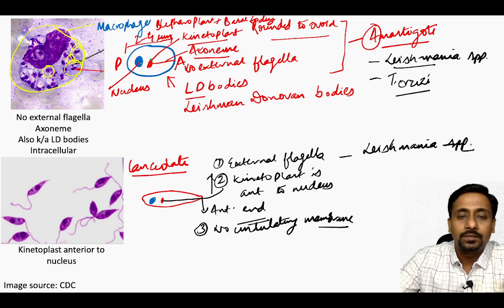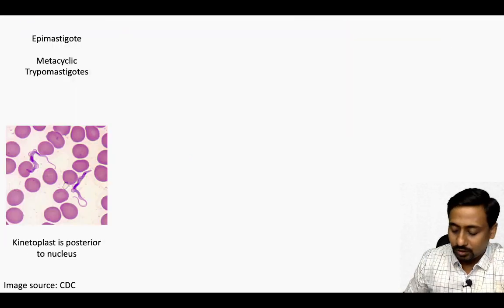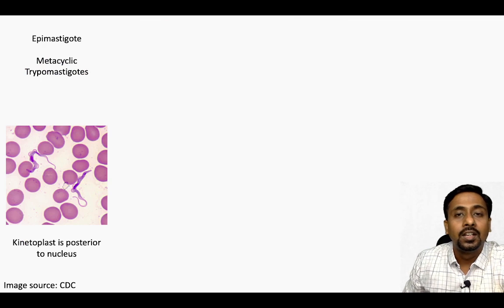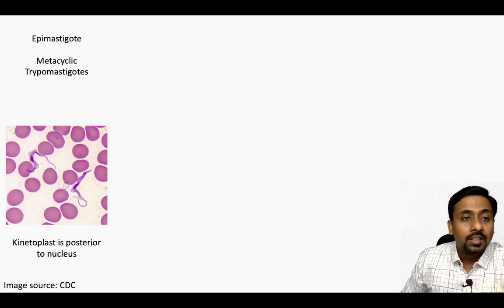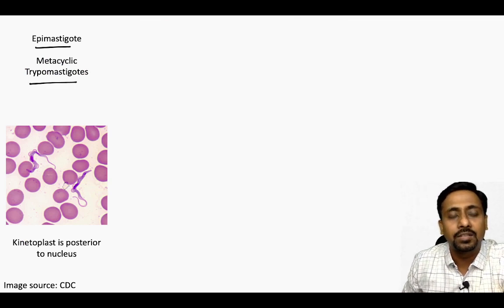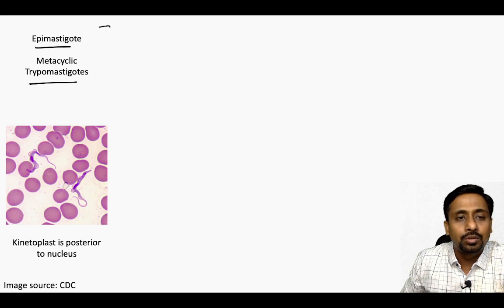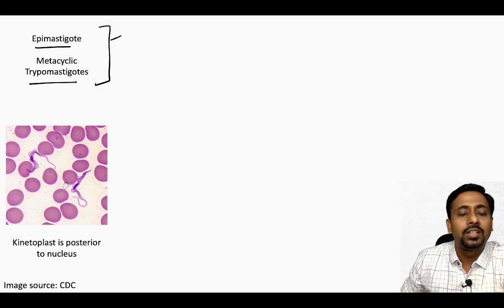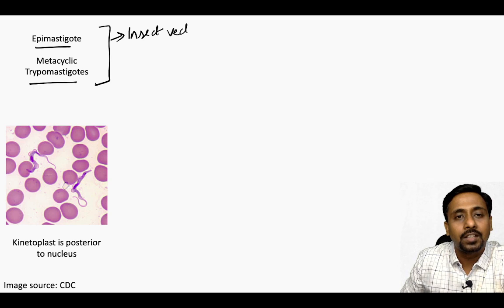Now move on to the next structures which we can see in hemoflagellates. The first one is epimastigote and the second is metacyclic trypomastigote. I have not shown any images for these because these two morphological forms are not present in the human host. These are present in the insect vector. These two forms are not seen in Leishmania.